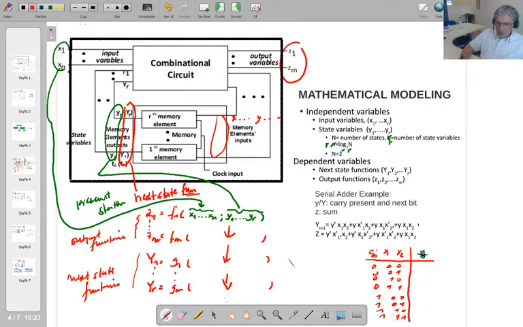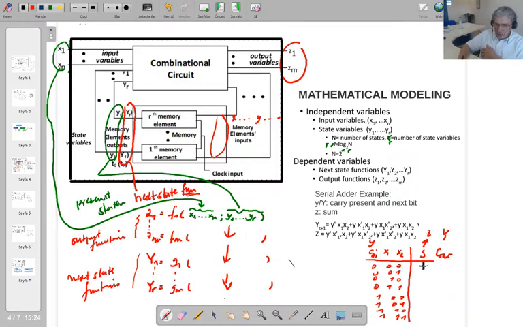The sum, in this case, is my output function. This is the carry out, which is capital Y. This is small y, the present state. So this is the carry value, and this is the carry out, which we keep in our mind for the next bit to come to be added.